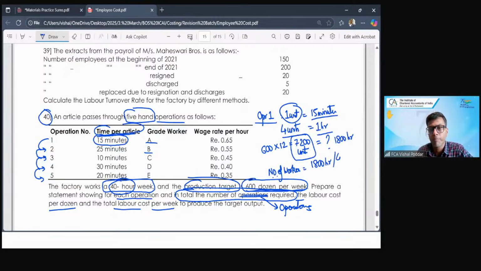How? If I divide 1,800 by 40, what I will get is 45 workers.